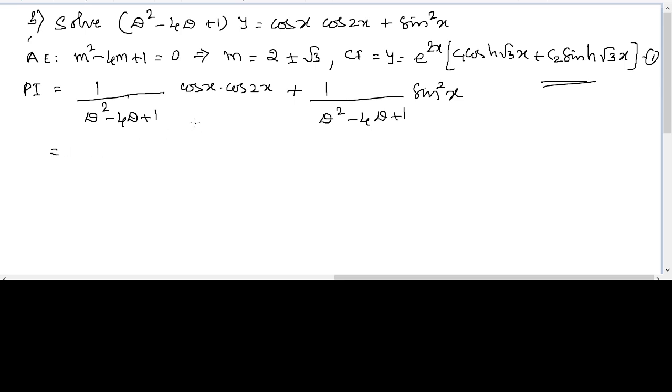Okay, what is the formula for cos A cos B? We need to write. Okay, so by applying the formula, we get 1 by 2, I am writing outside, 1 by 2 into 1 by (d square minus 4d plus 1) of cos of (A plus B), that is cos 3x.